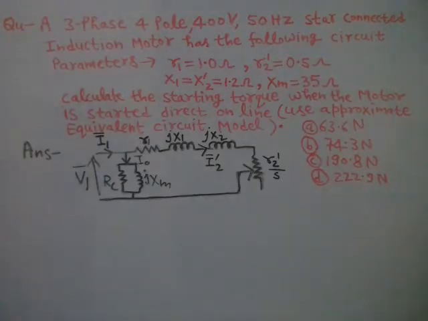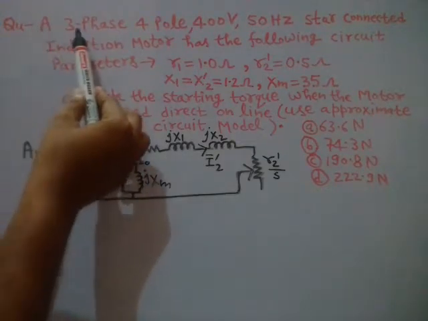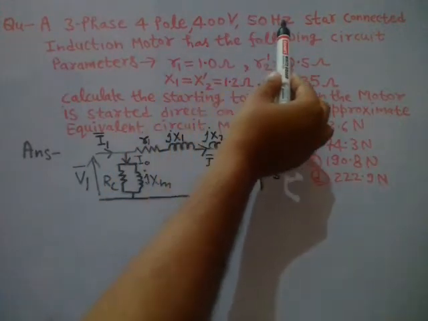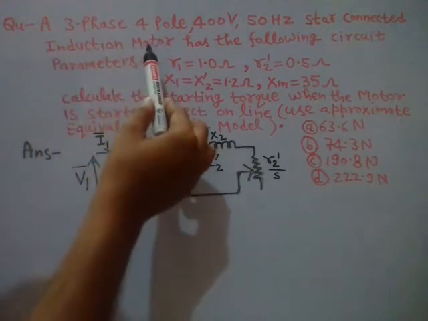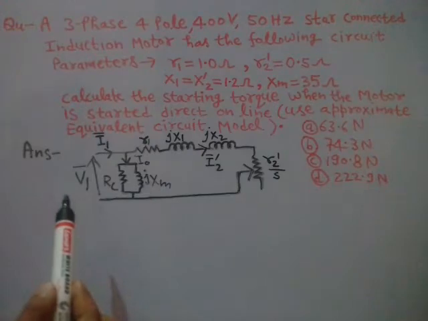It's a GATE 2006 question based on three-phase induction motors. So the question statement is like: a three-phase 4-pole 400 volt 50 Hz star connected induction motor has the following circuit parameters.